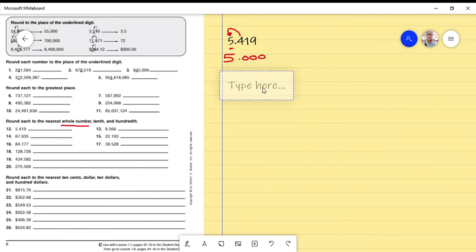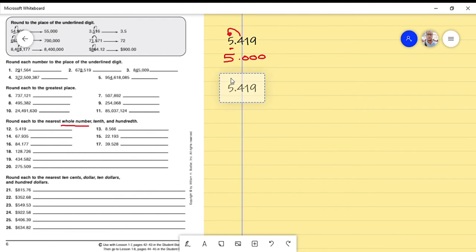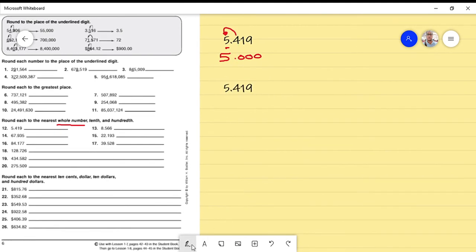But wait, here is the same number, 5.419, but now we need to round this number to the nearest what? To the nearest tenth. So where is the tenth here? The tenth is right after the point. Look at the number just to the right. It's 1. So 1 will round up or down? Round down, because 1 is smaller than 5.